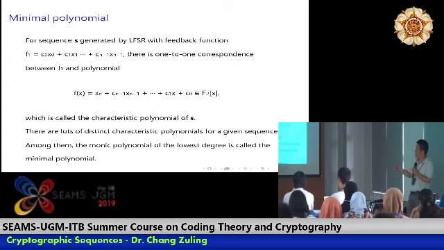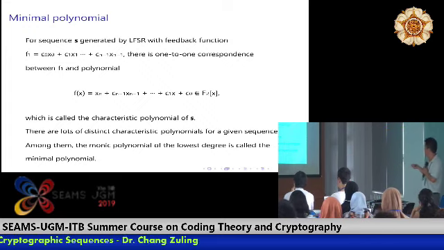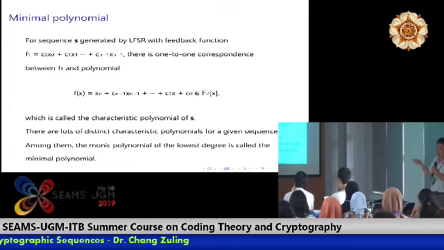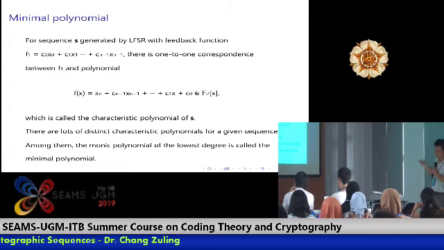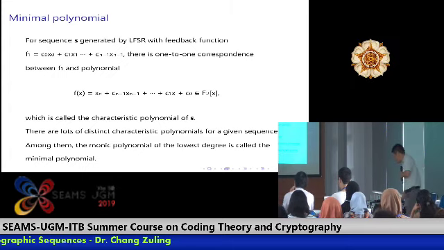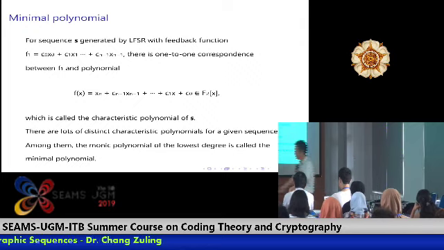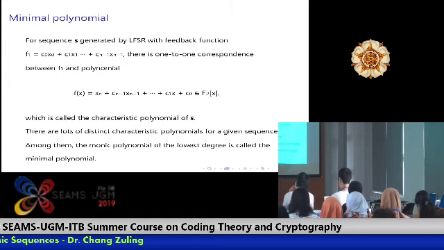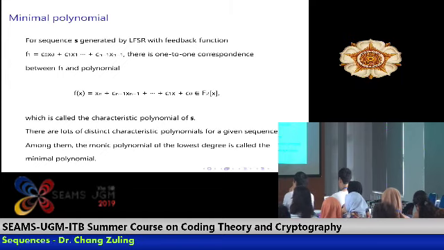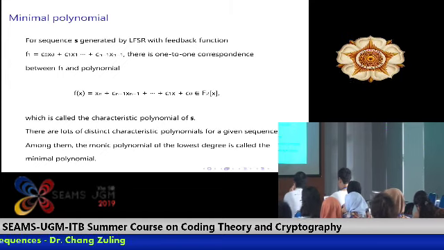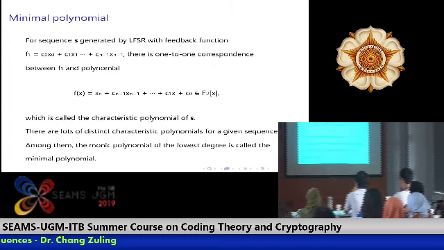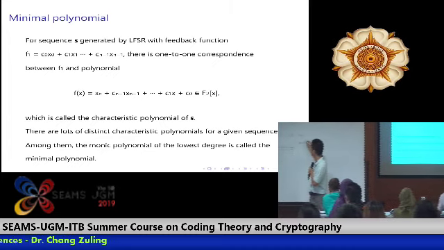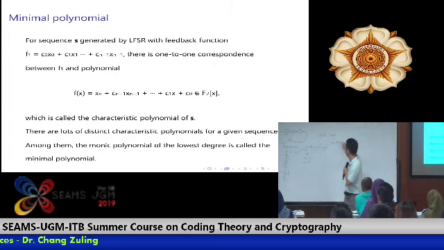For a given S, there are lots of distinct characteristic polynomials. For example, like this one. From this function, we can find the polynomial f(x) equal to x to the 3 plus x plus 1.